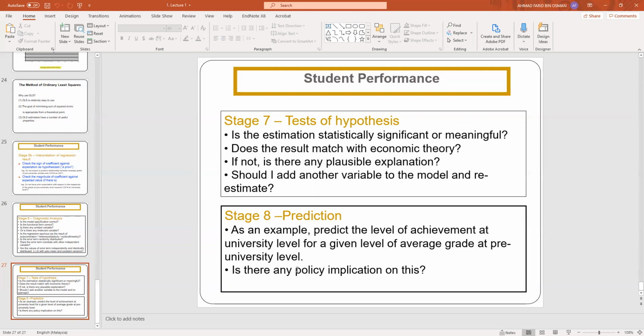Okay, so that's how we can use the result of econometric analysis to come out with a policy recommendation, for example.